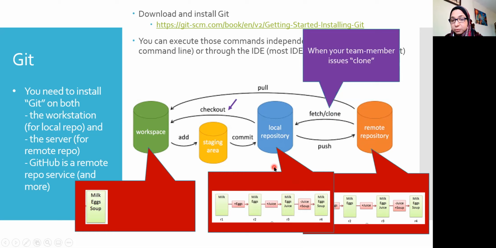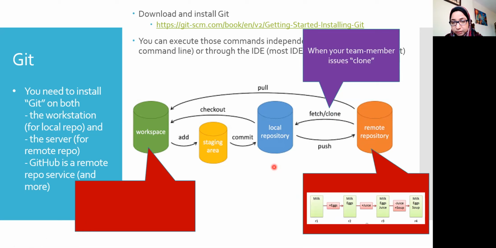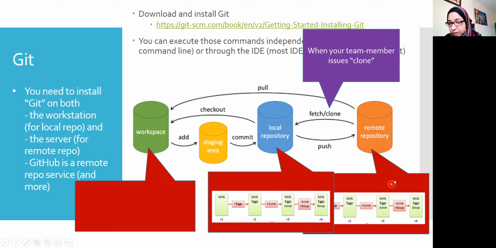Now, when someone else wants to see the changes, this is a workstation of another person. They would need to fetch or clone that repository. It will copy the repository into their local repository. And then when they check out, they will get the latest version copied into their working directory.